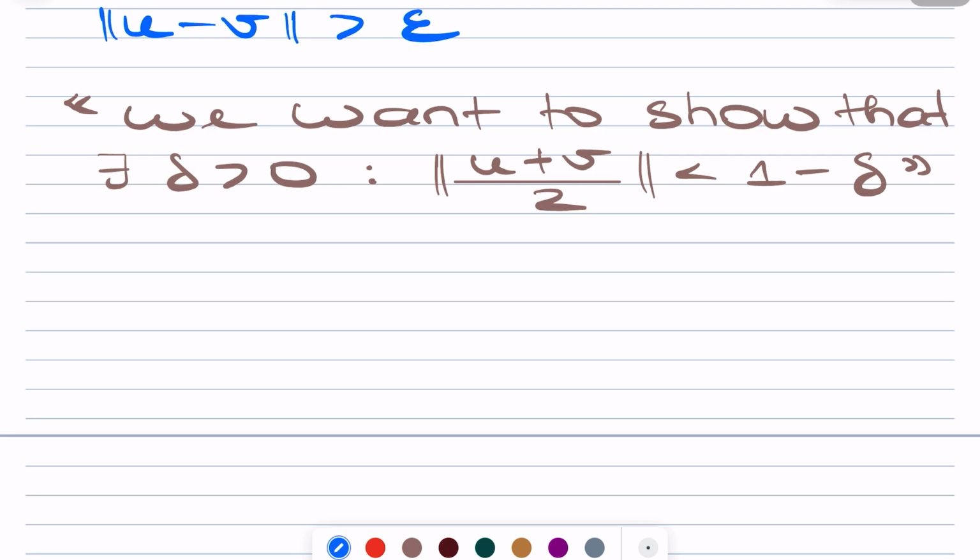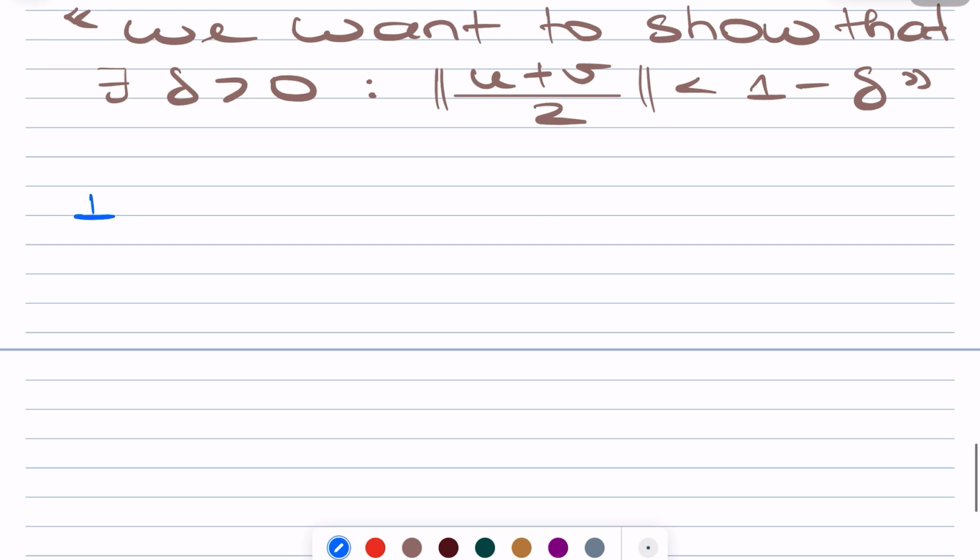So in view of, this is just a consequence of the parallelogram identity.